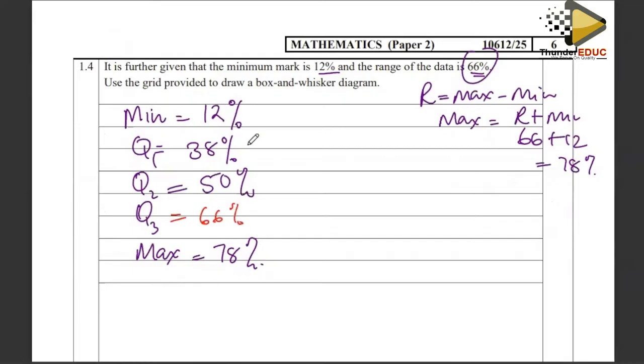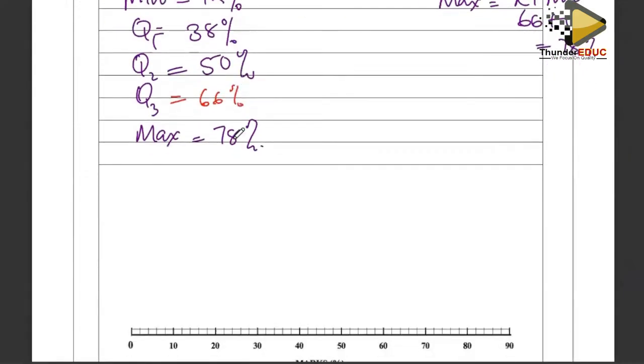So we just need to represent these numbers on the box and whisker. 12 is the minimum, so this is going to be our 12. And then 38 is going to be somewhere here. Q2 is 50, somewhere here on the line of 50. And then 66 is going to be somewhere here.